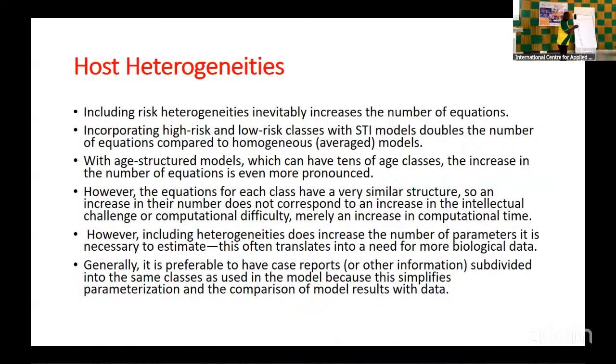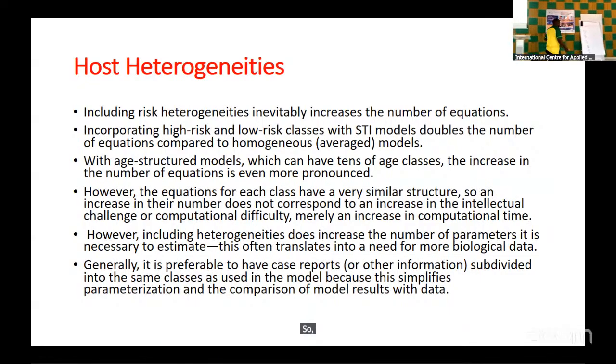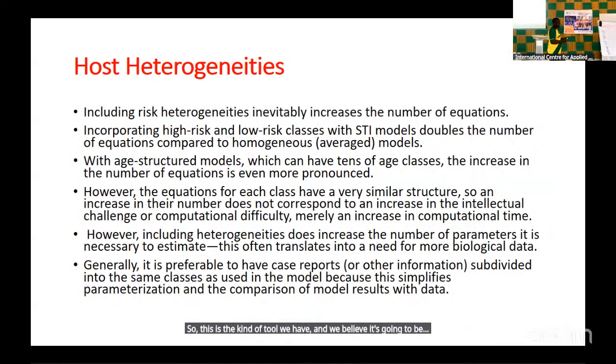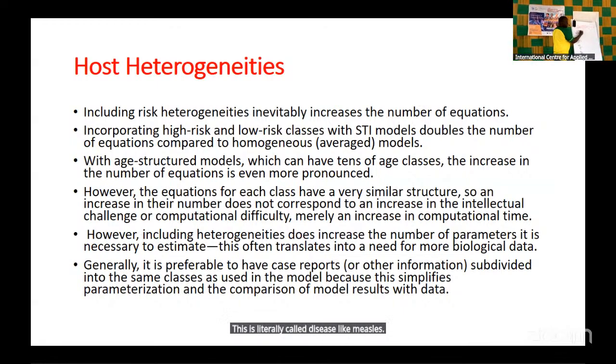Because I have juvenile compartments, which are SJ, IJ, RJ, and then the adult ones, and they move from juvenile to adults at certain rates. It's a kind of maturation. I'm going to show that kind of model afterwards. This is majorly for diseases like measles, because I'm dealing with age structure.